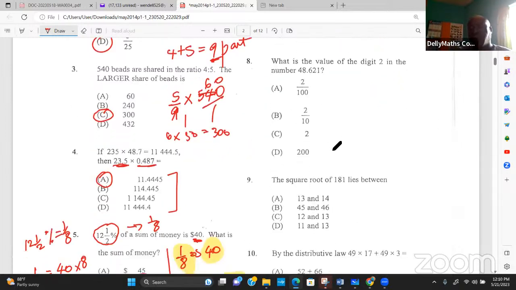Question 8. What is the value of the digit 2 in the number 48.621? We're focusing on this 2 right here. Remember, this is the first decimal place, and this one is the second.